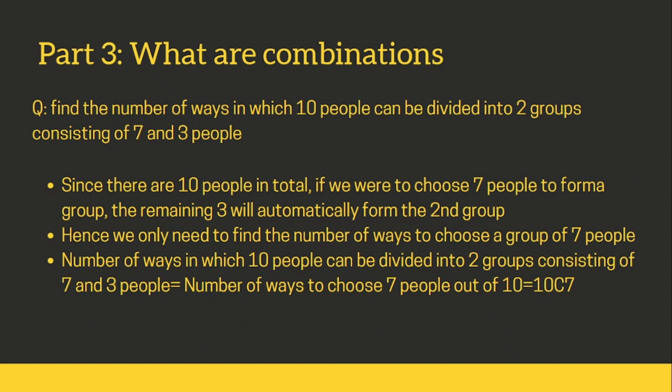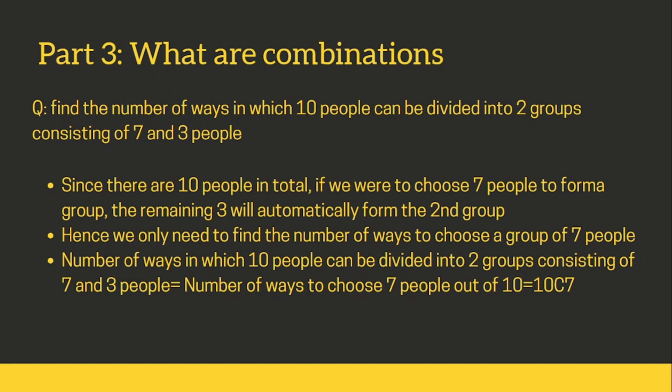So find the number of ways in which 10 people can be divided into 2 groups consisting of 7 and 3 people. So since there are 10 people in total, if you were to choose 7 people for a group, the remaining 3 will automatically form the second group. We are not looking at the specific arrangement. We are not lining up the first and the second group such that we arrange the first 7 people in their specific order, first to second to seventh person.